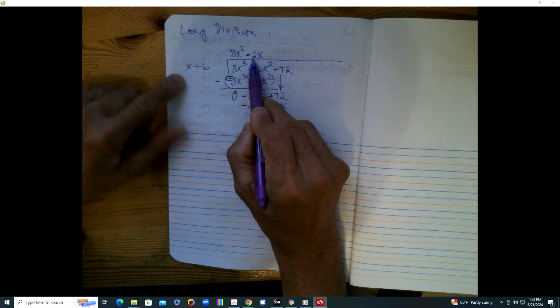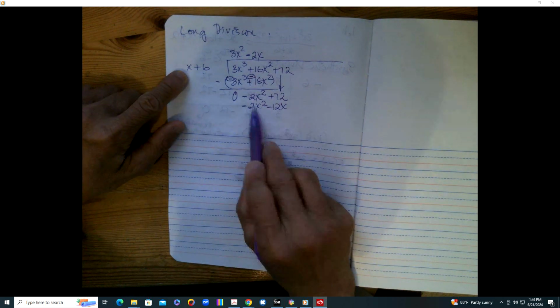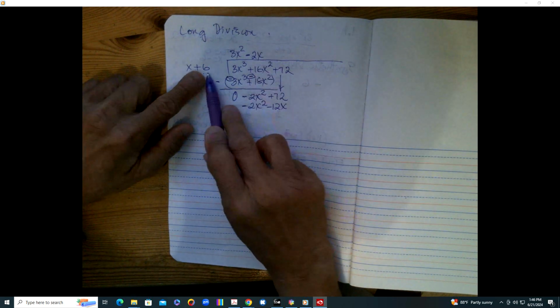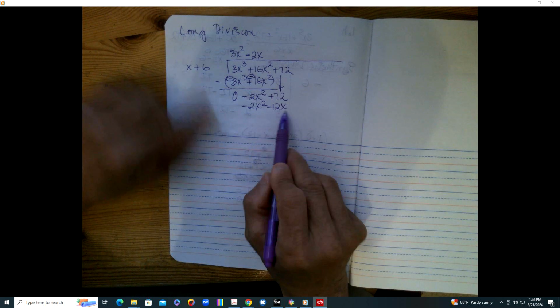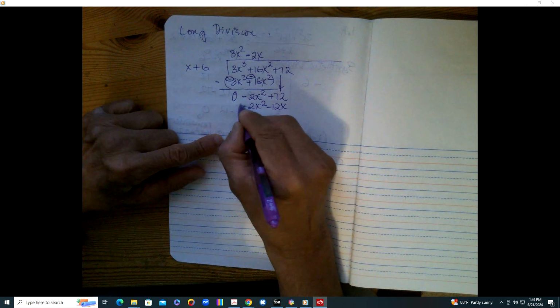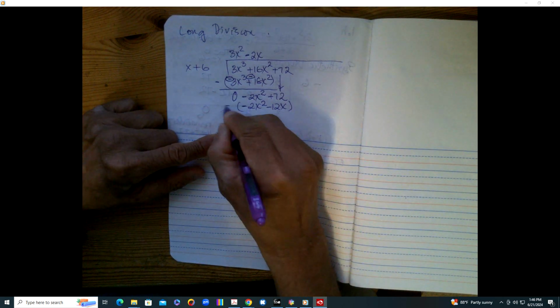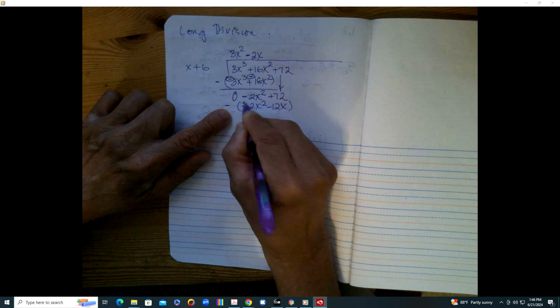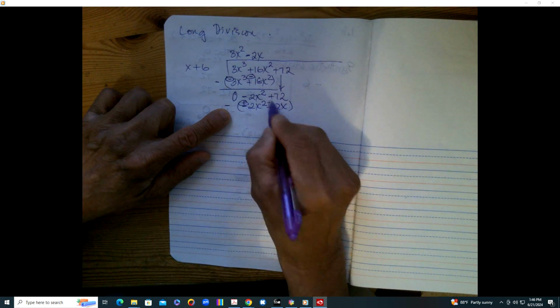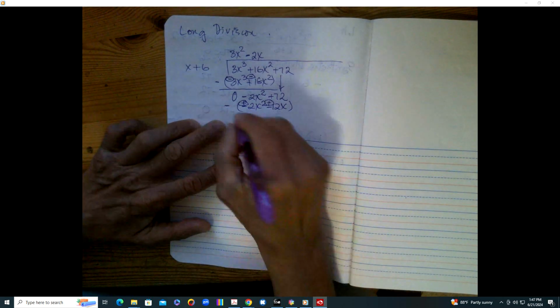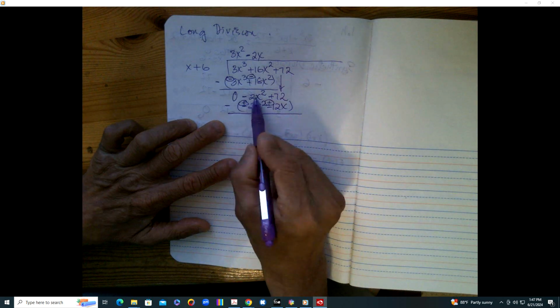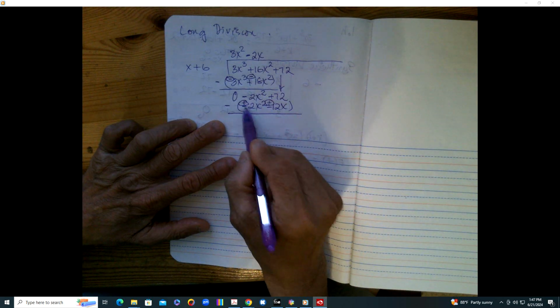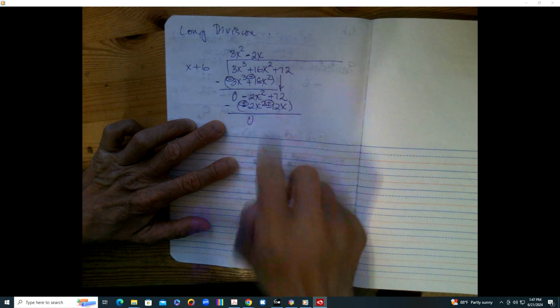Because negative 2x times x give us negative 2x squared. Negative 2x times 6 give us negative 12x. All right. Now we subtract it. That means we put negative here. So in here can be a positive. In here can be positive. Right? So negative 2x squared plus 2x squared give us 0.